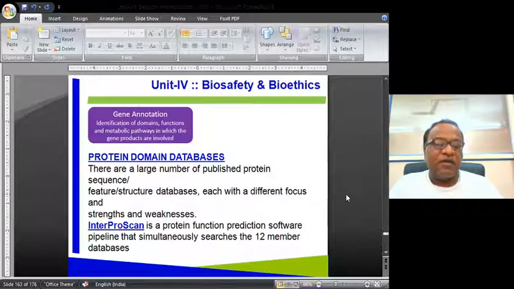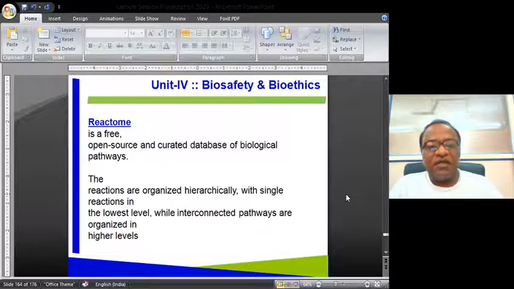InterProScan is a protein function prediction software, the most commonly used software that searches 12 member databases simultaneously, so that in a very short time you can predict the function of the protein of your interest when you have its sequence. Then you have Reactome.